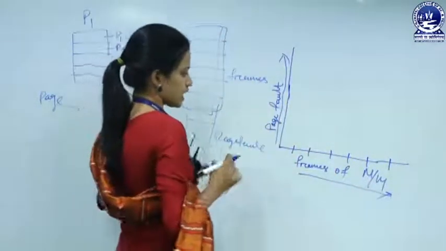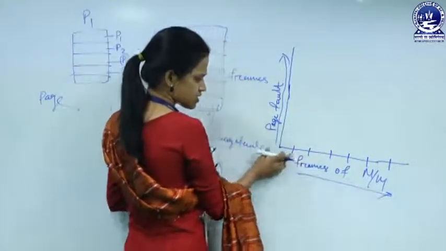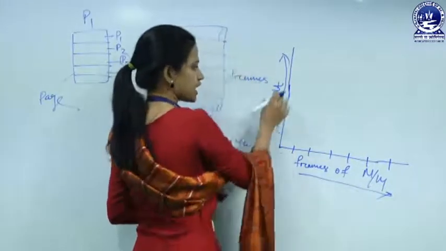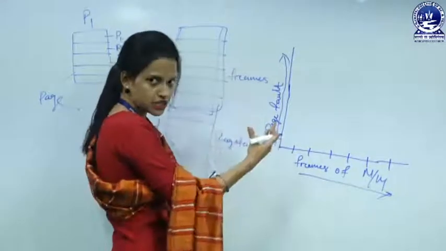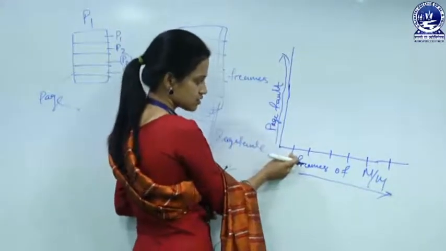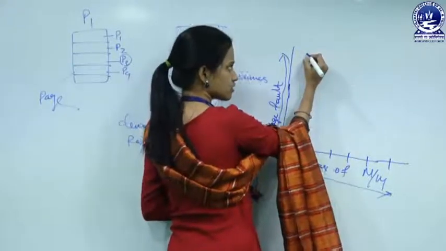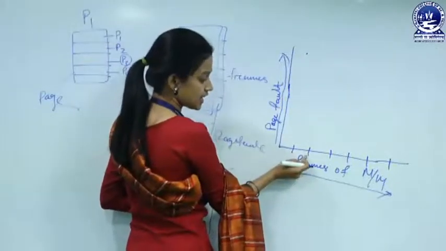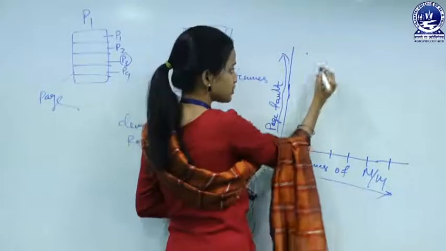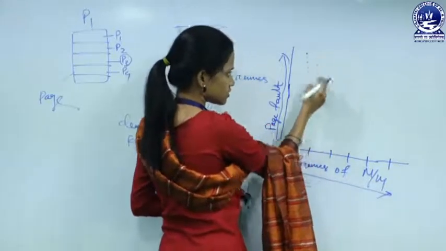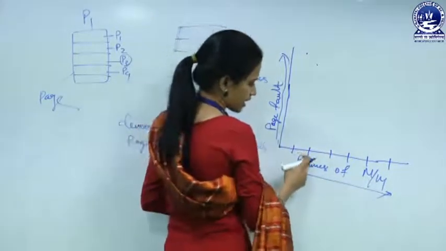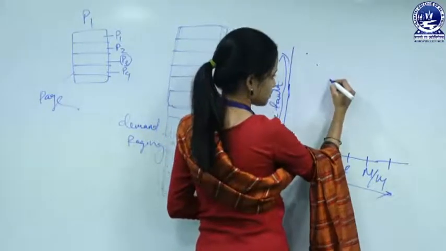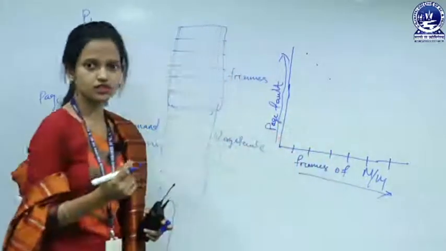When the number of frames is 1, obviously the number of page faults would be very high. When the frames are increased to 2, the page fault would be a little lower, and when the frames of main memory are increased again, the page fault would decrease, because this is the obvious case.